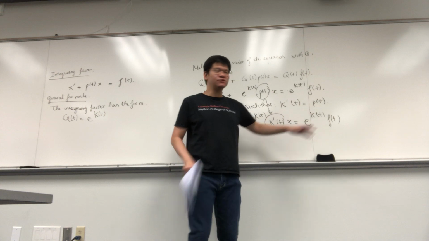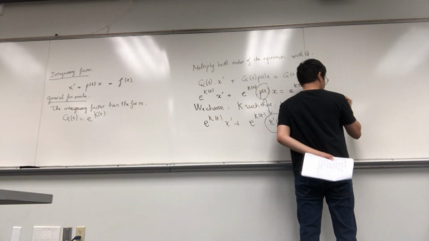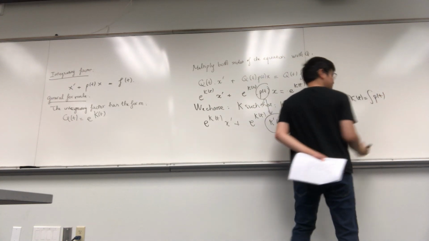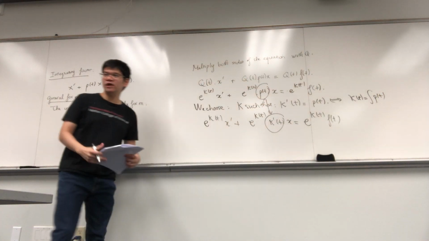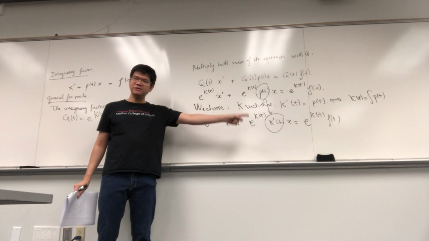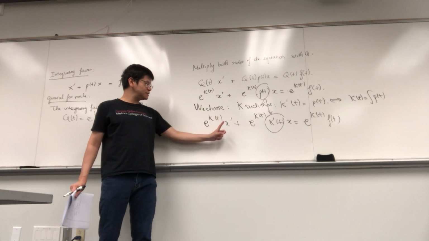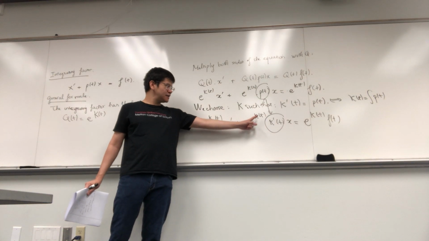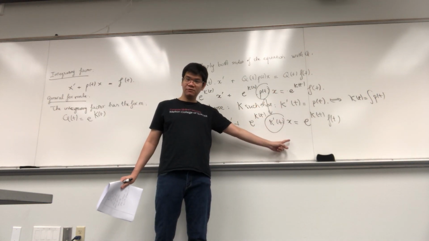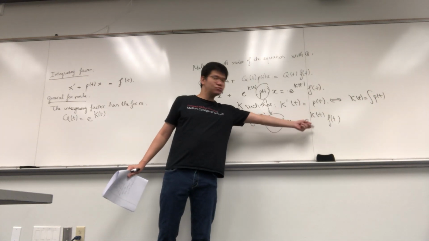In other words, k(t) will be the antiderivative of p(t). This is the function that you should choose. So when you choose k(t) to be the antiderivative of p(t), you have e to the k(t) x prime plus e to the k(t) k prime, because p(t) is equal to k prime, and this is equal to e to the k(t) f(t).